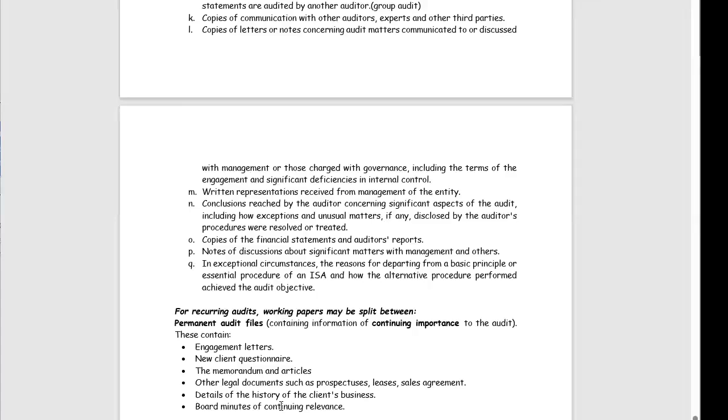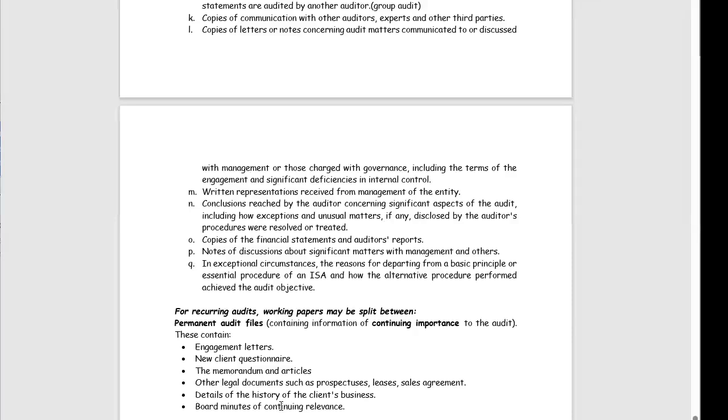The current audit file contains those working papers of temporary importance to the audit. Much of it are those working papers which are relevant for the current year's audit. We need to have an idea of the content of the working papers in the permanent audit file and the current audit file.